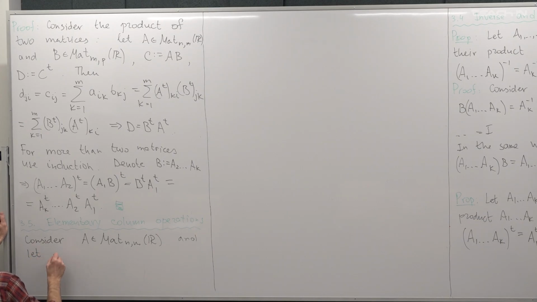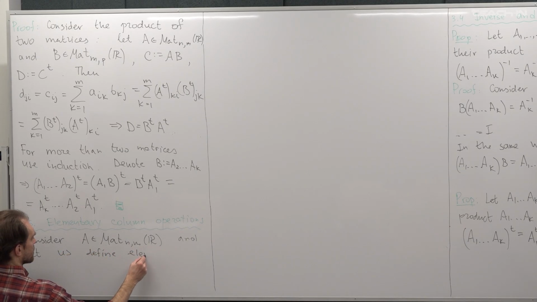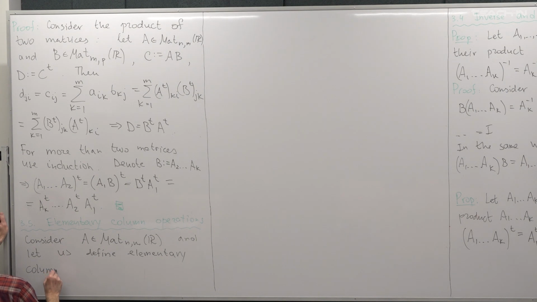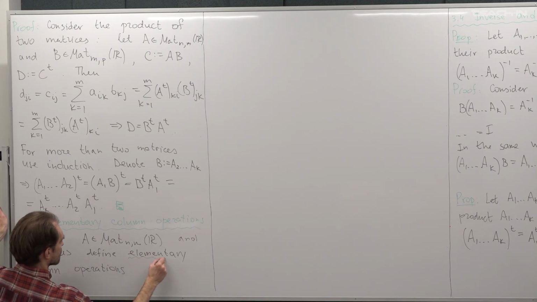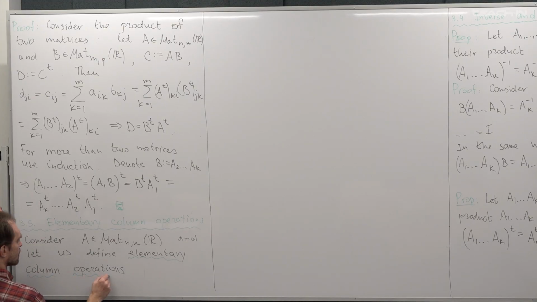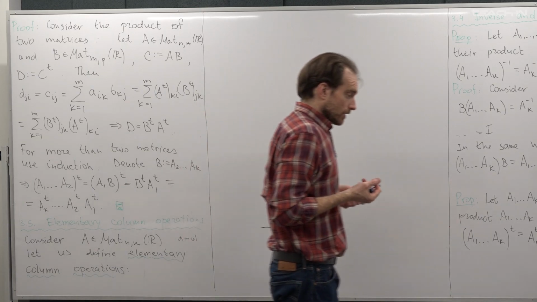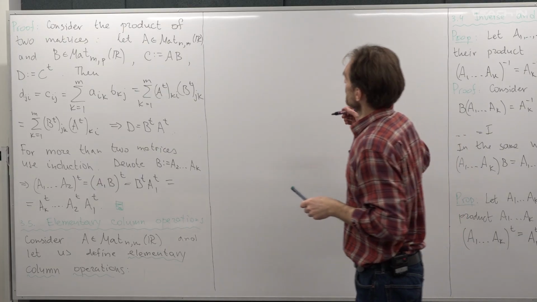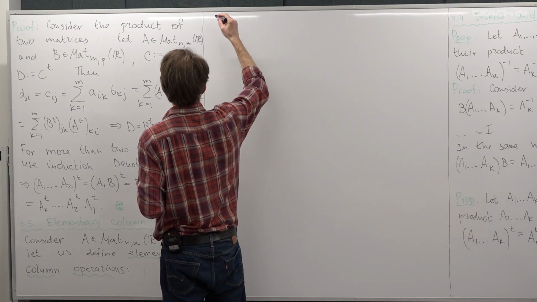Let us define elementary column operations. What does this mean? What are the elementary column operations? Similarly to the case of elementary row operations, there are three types of elementary column operations. So what can we do with columns?